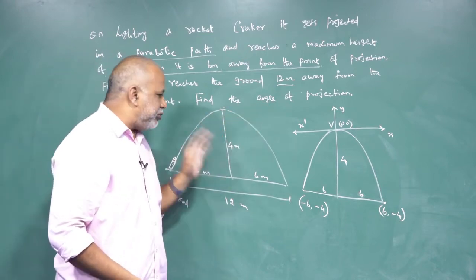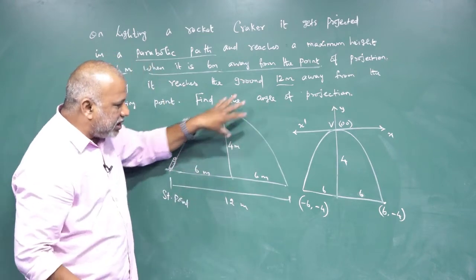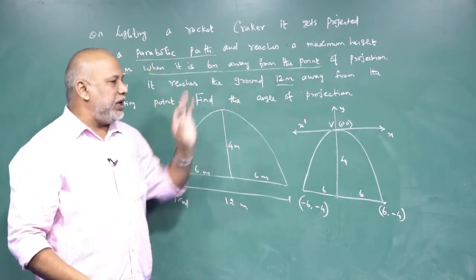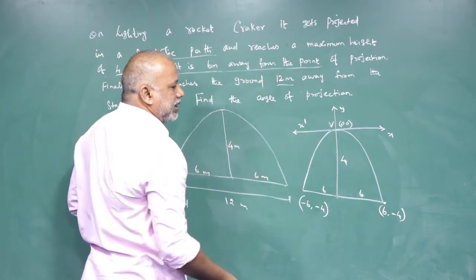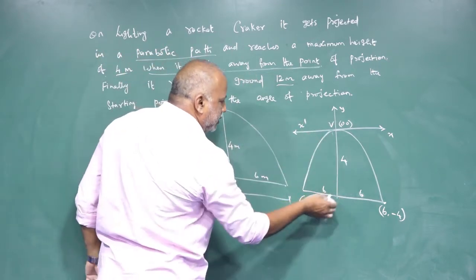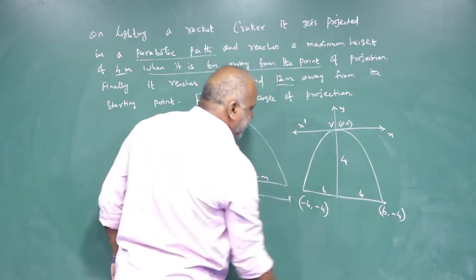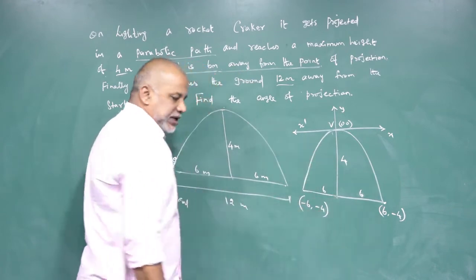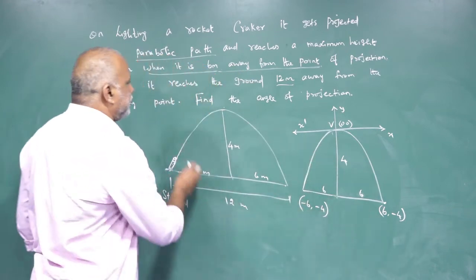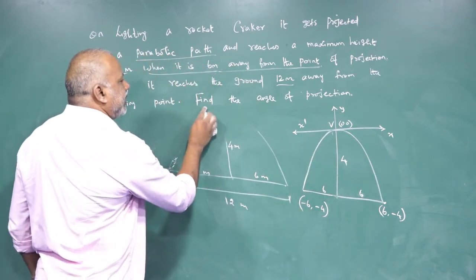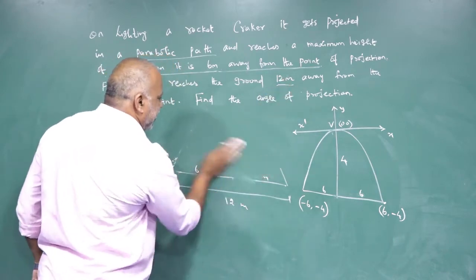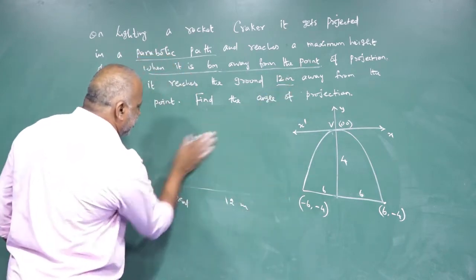Find the angle of projection. So this diagram is converted to a parabolic diagram. Height is 4, then 12 is going to be 6 and 6. Then the point is 6, -4. Here -6, -4. Now we are going to find what is the meaning of find the angle of projection. We need to find the angle of projection.